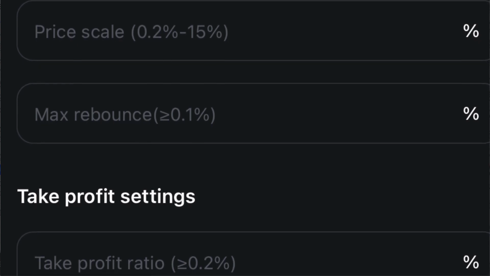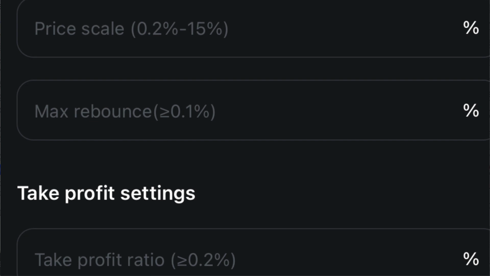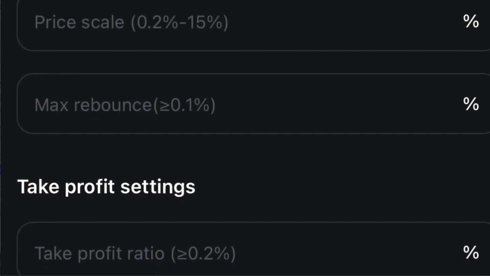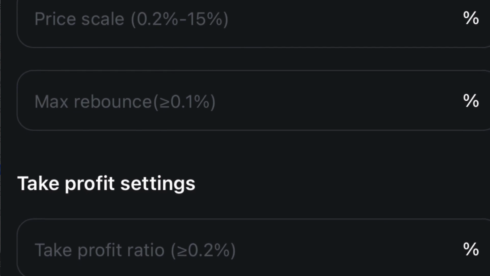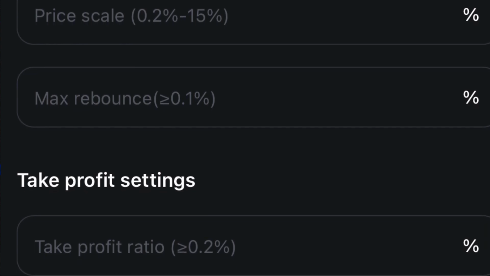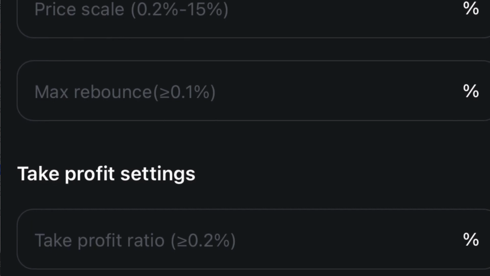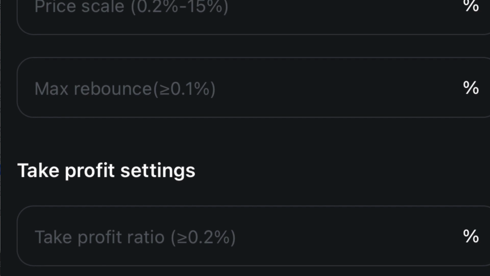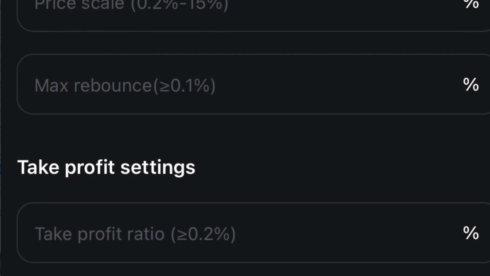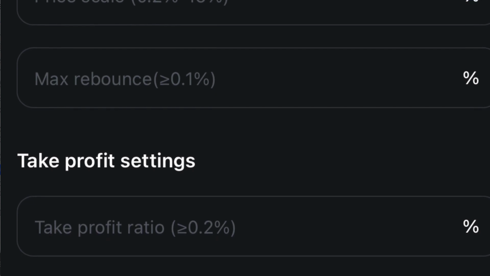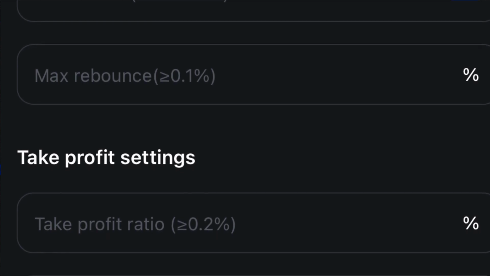The take profit settings are going to be the trailing sell. So you have a take profit ratio, where you put your percent. If you want to buy every 1% and sell once it hits at least 2%, you can do that.